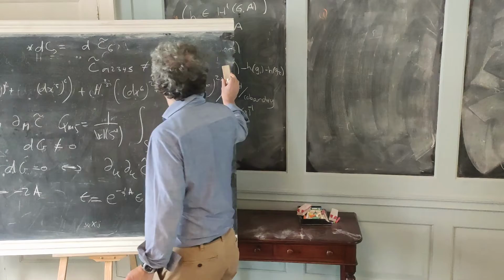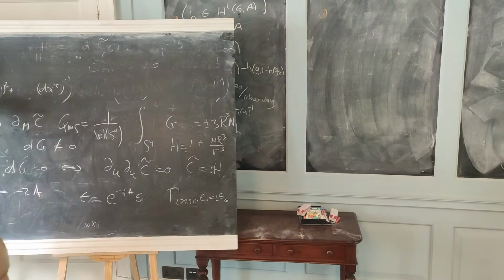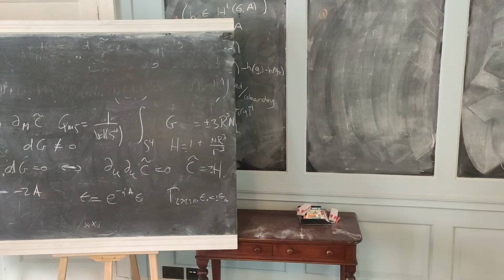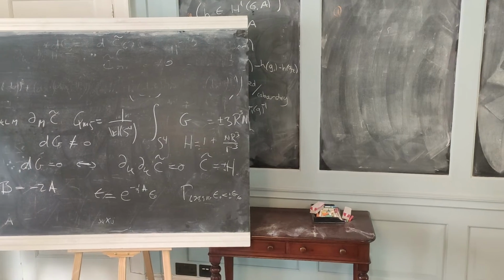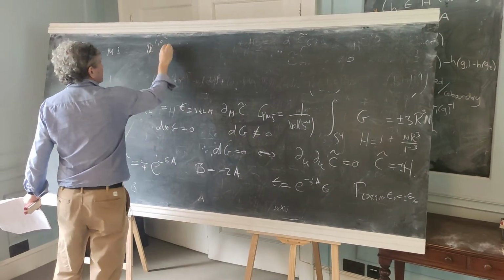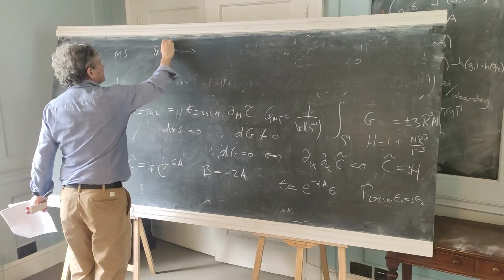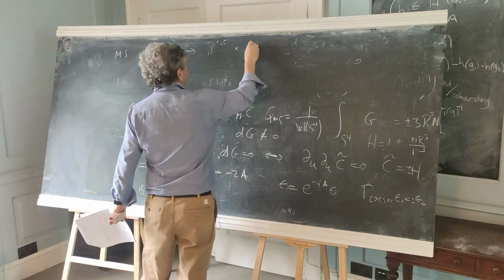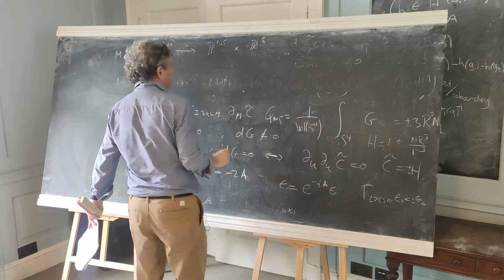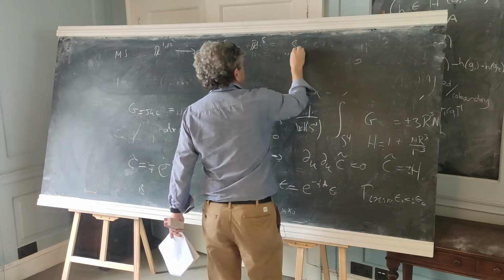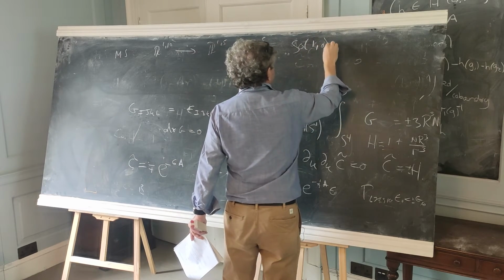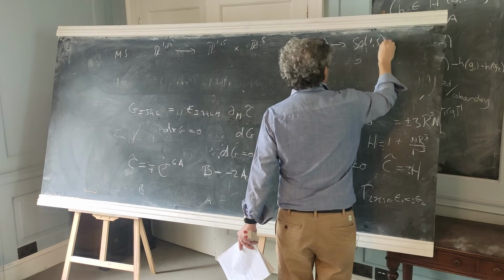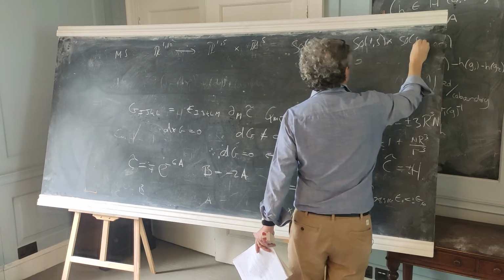So let's take the M5. You had R^{1,10}, and it's broken to R^{1,5} cross R^5. SO(1,10) goes to SO(1,5) cross SO(5).